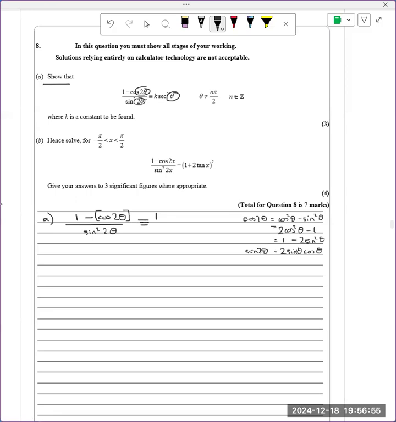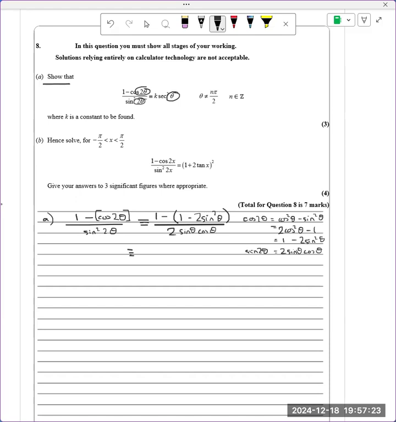So we want 1 minus brackets, 1 minus 2 sine squared theta, all over 2 sine theta cos theta. There was a method mark for getting either of these correct and another method mark for getting both of them correct. So the numerator is going to simplify dramatically.